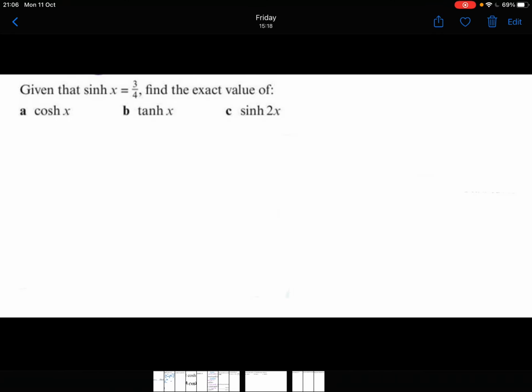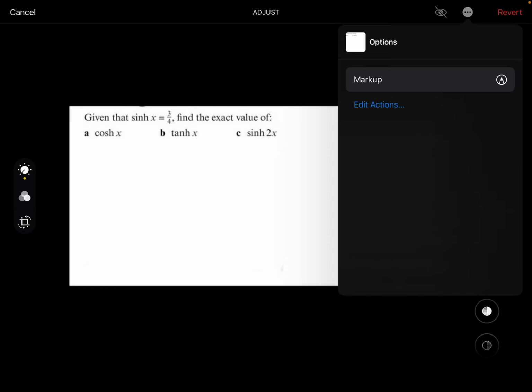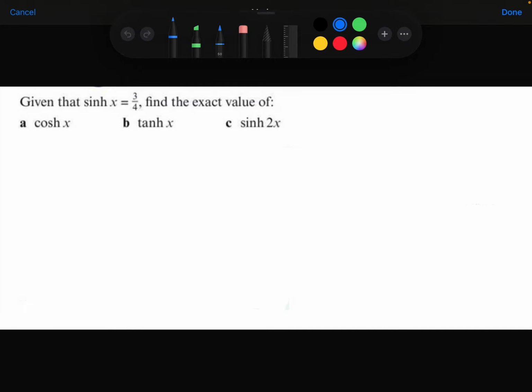We're now going to have a look at a few examples using these. So this question here, we're told that sinh x is equal to 3/4, and we want to find the exact value of cosh x, tanh x, and sinh 2x. So for cosh, I know that cosh squared x minus sinh squared x is always equal to 1.